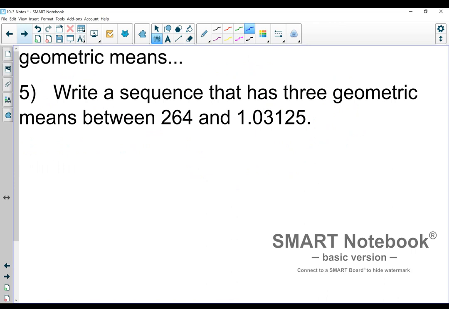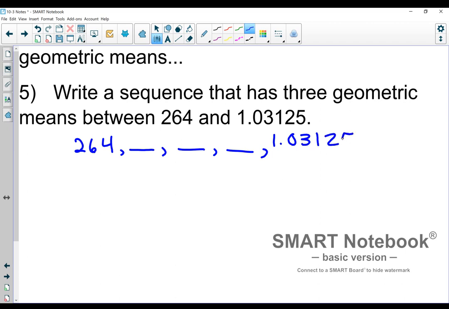So for the next one, we're looking at geometric means. Arithmetic means were basically those numbers it would take to fill in that pattern so that we would have an arithmetic sequence. It's kind of the same thing today, just now we're looking at a geometric pattern.